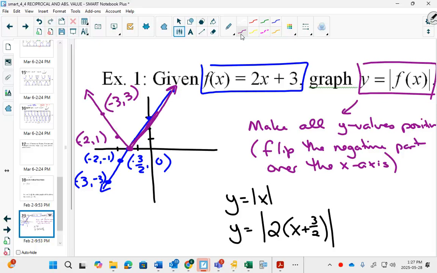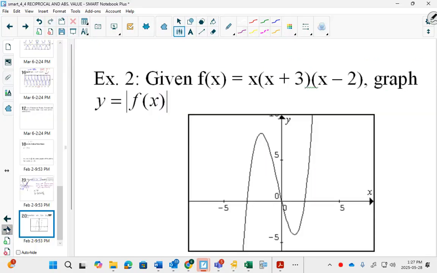So our next example, I took something from chapter 1. Let's say you had to graph this: x times x plus 3 times x minus 2. From chapter 1, would you agree that these at 2 and at minus 3 and at 0, those would be your x-intercepts because it's in factored form.